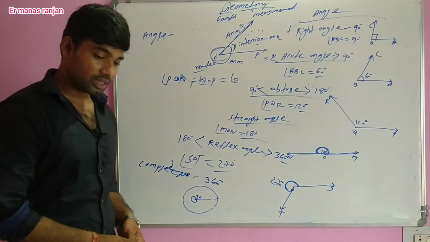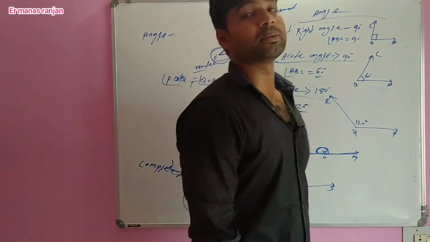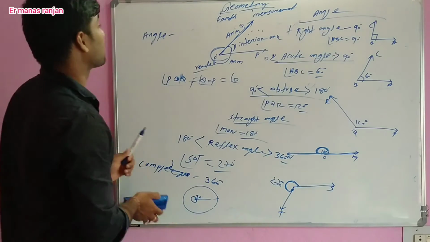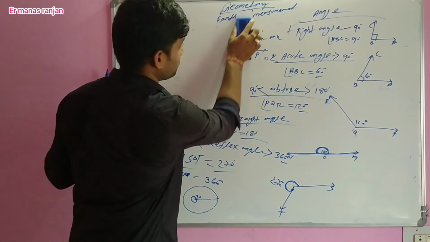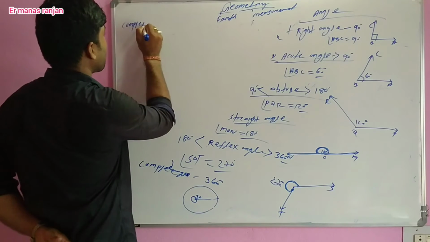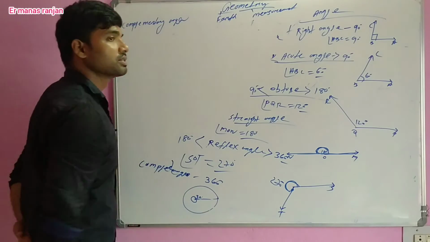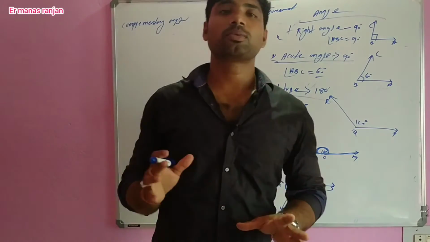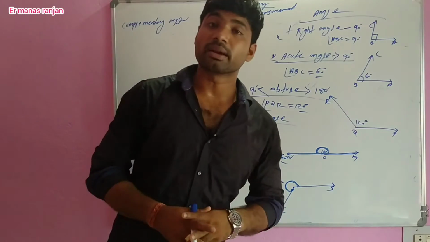Then another is complementary angle and supplementary angle. Let's talk about complementary angles. Two angles whose sum is 90 degrees are called complementary angles.